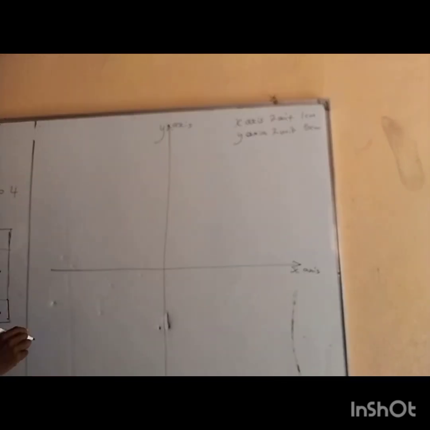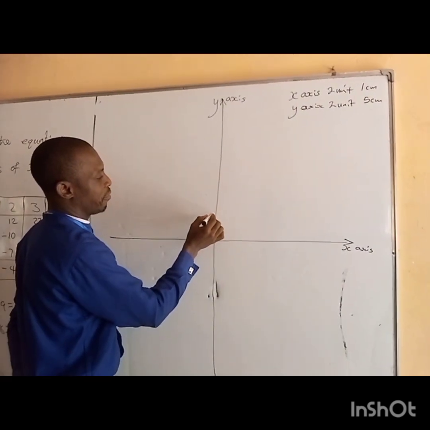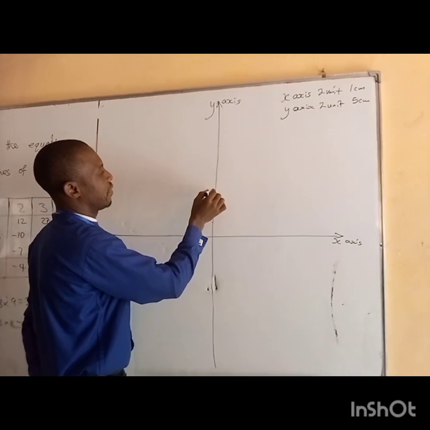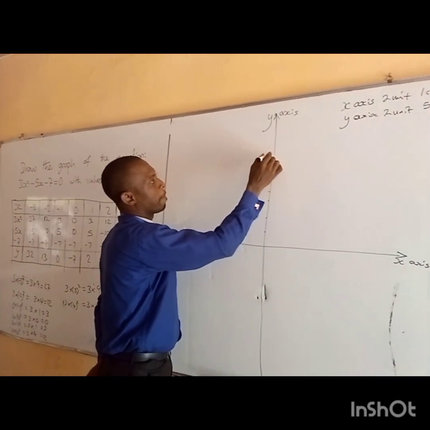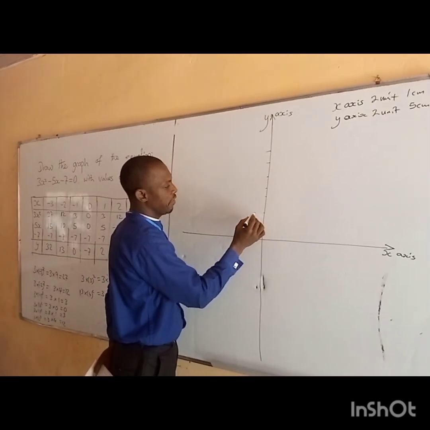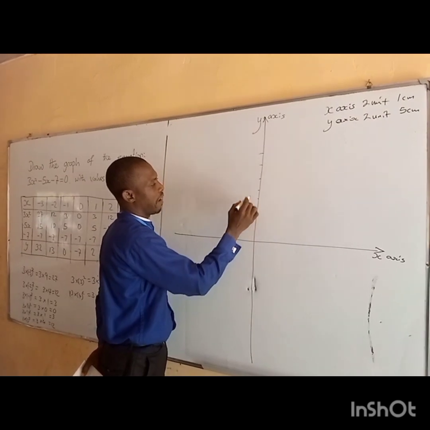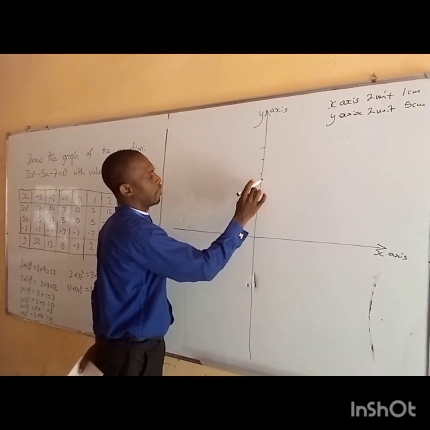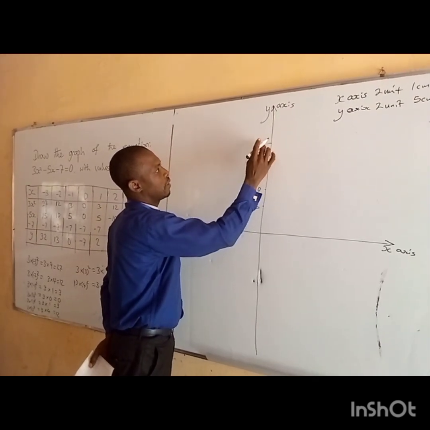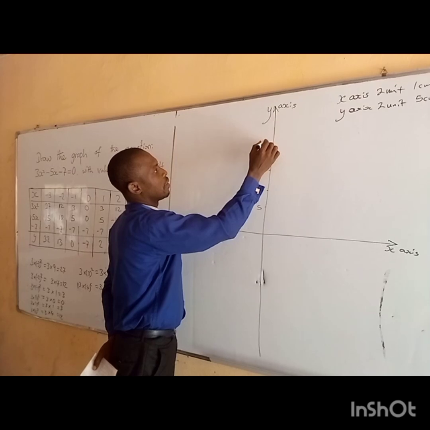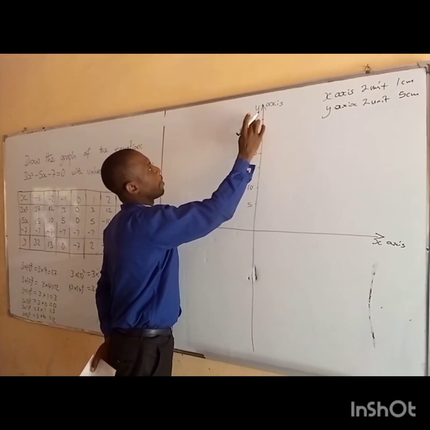That is to say, on your graph book, after each of the 5 boxes, we'll have 5, 5, 5. So, if this is the first 5, we have 10, 15, 20, 25, 30.